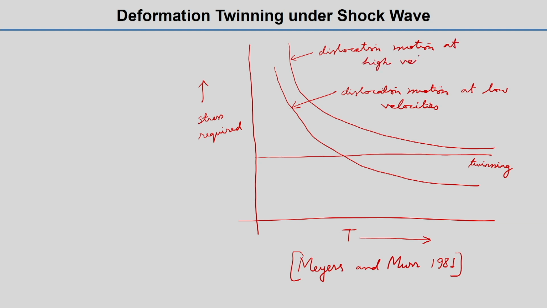High velocities, that means we are talking about high strain rate and shock loading. What you can understand from the twinning curve is that it does not depend on the temperature. So that means twinning is not a thermally activated process.